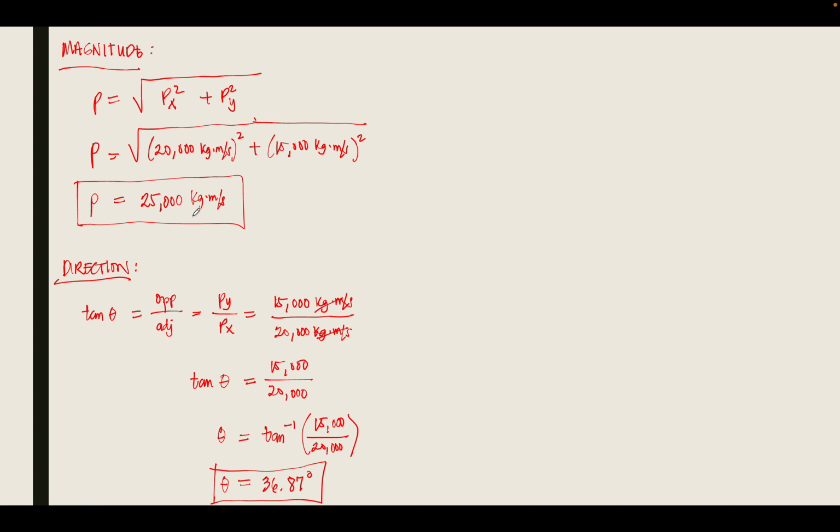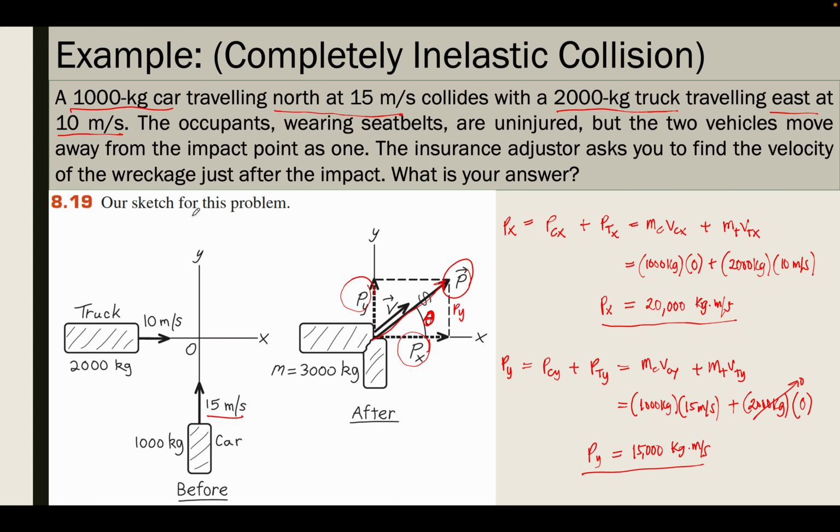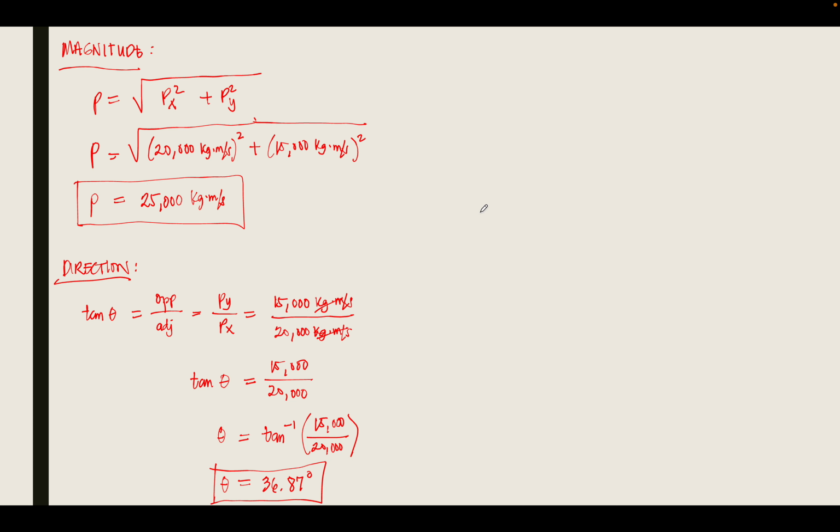Okay, so the question here is we are asked to find the velocity after the collision. Going back to the equation of momentum, we have P is equal to the mass times the velocity. Now, to solve for the velocity, divide both sides by the mass.